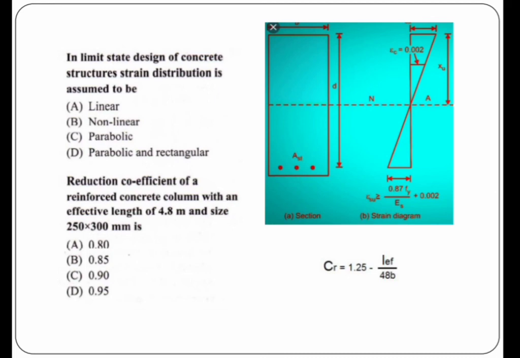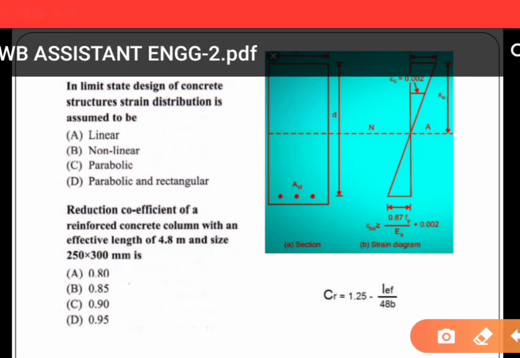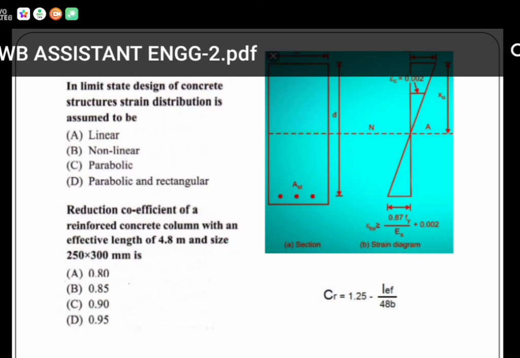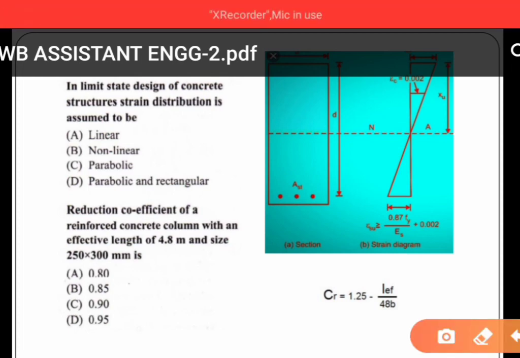Reduction coefficient of a reinforced concrete column with an effective length of 4.8 meters and size 250 by 300 mm is. The correct answer for this question is option B, 0.85. To find the reduction coefficient of a reinforced concrete column, the formula is 1.25 minus L effective, that means effective length of the column, divided by 48 times B, where B is the width of the column.